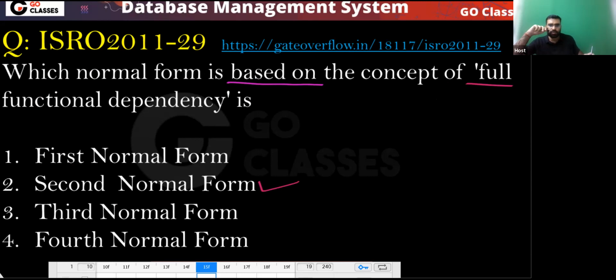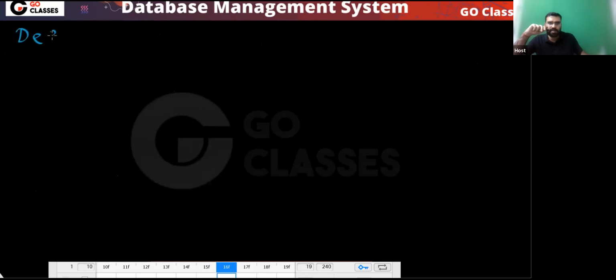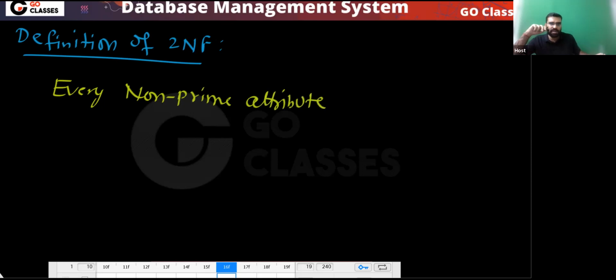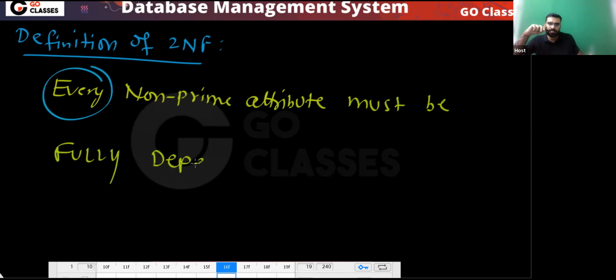So in this 2NF, what should happen? What is the definition of 2NF? Can anyone tell me? In the definition of 2NF, it should happen that every non-prime attribute, remember, every non-prime attribute must be fully dependent on every candidate key.